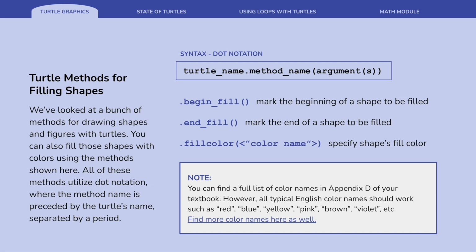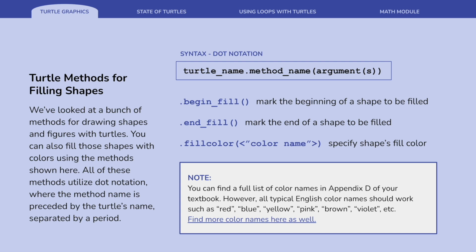Speaking of filling in the color you specify, you can specify the color that you want your shape to be filled with this third method here called dot fill color. Dot fill color does take an argument similar to the pen color. It is a string that is a color name.